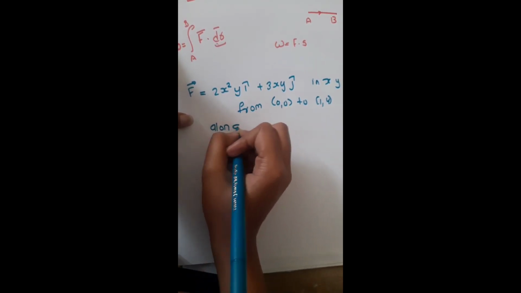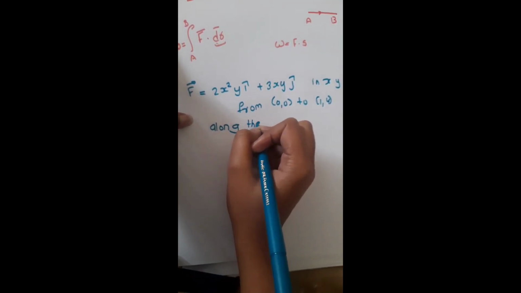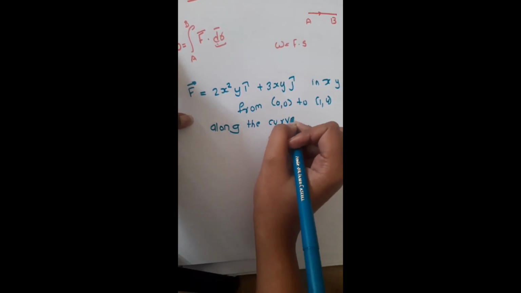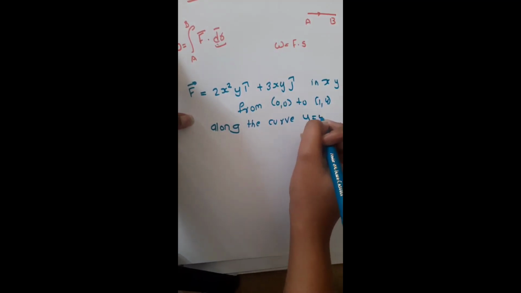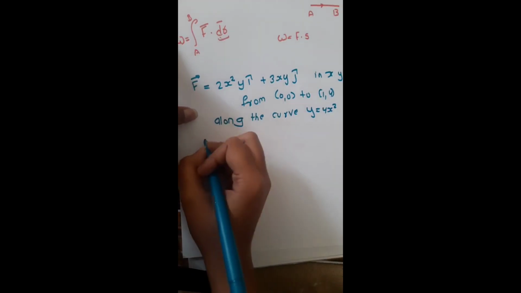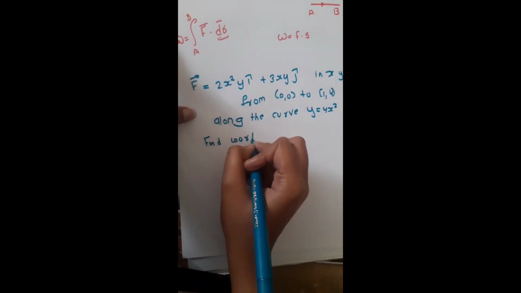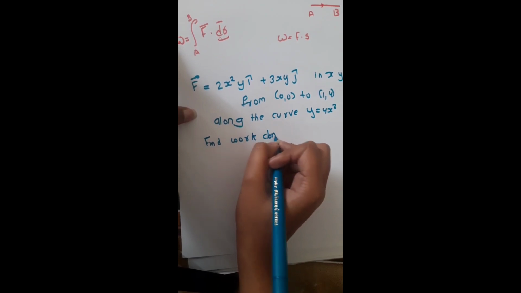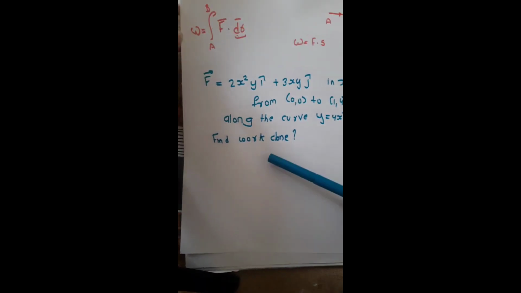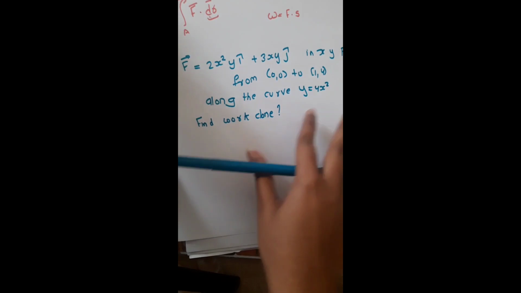The curve is also given: y equals 4x square. Then we need to find the work done. How will we be finding this?